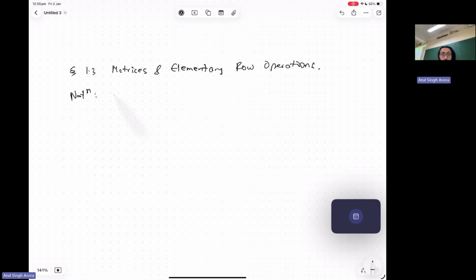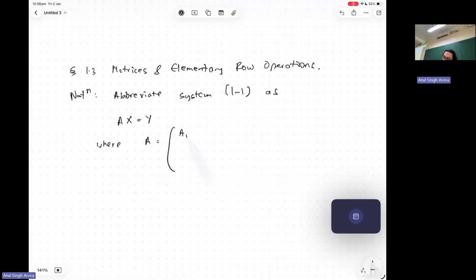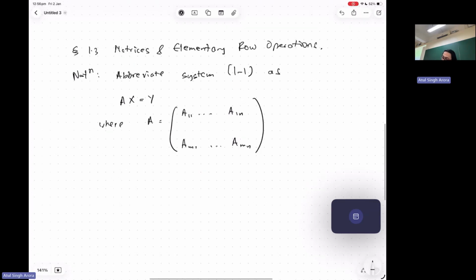So we abbreviate the system that we had, system 1, as AX equals Y, where A is the following: a11 through a1n, down to am1 through amn.